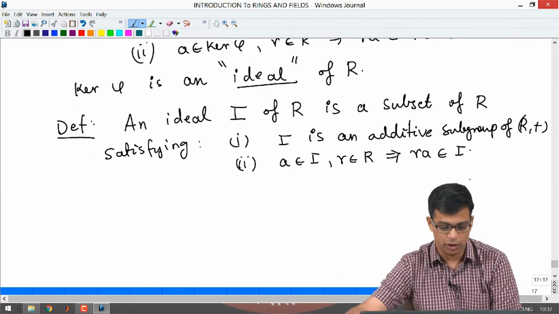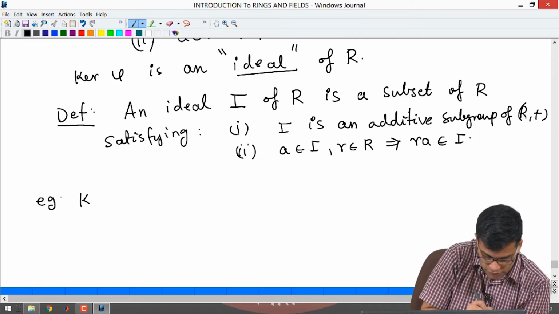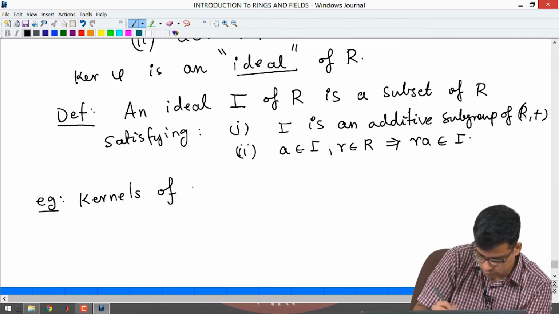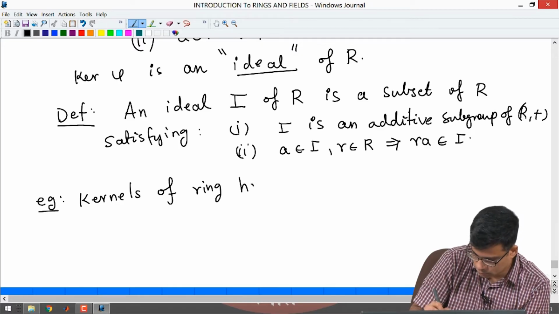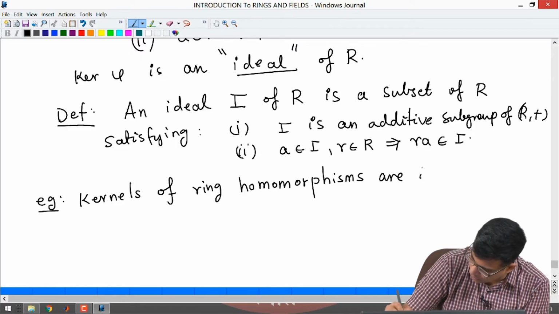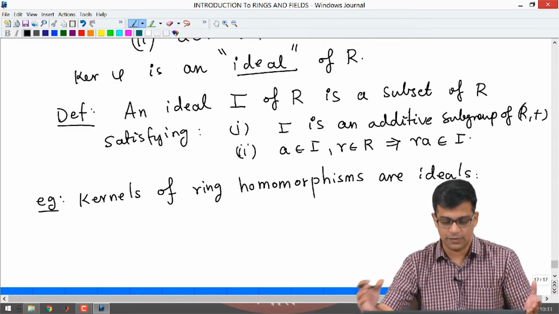Okay. So, the ideals are this, and kernels of homomorphisms are ideals. In fact, kernels of homomorphisms are exactly the ideals.